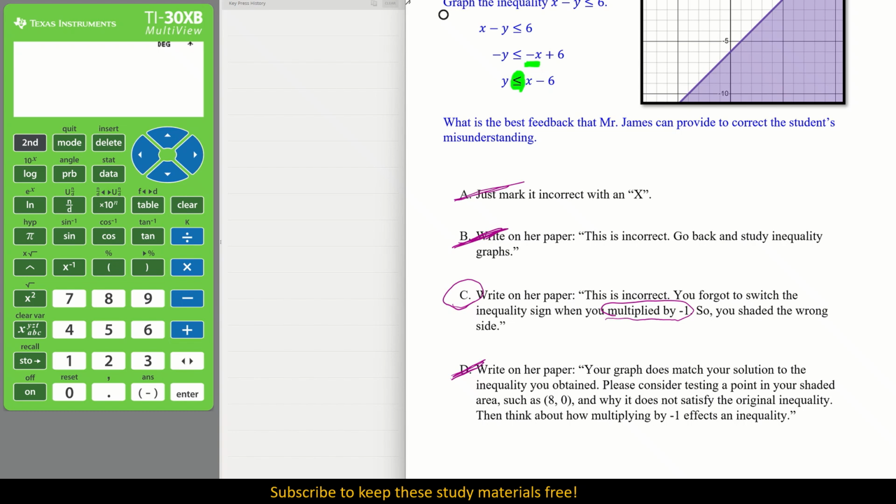And first off, "consider testing your point in your shaded region." The thing is that their shaded region does match their graph. It's their inequality that needed to be flipped around. I'm sorry, I'm kind of rambling about that, but you have to think about these questions.